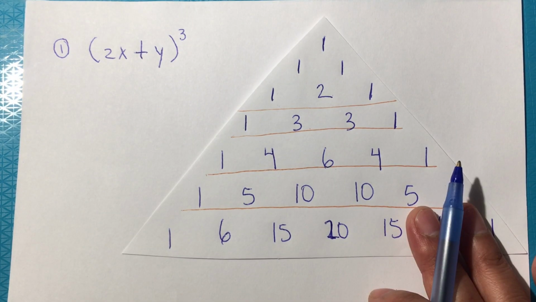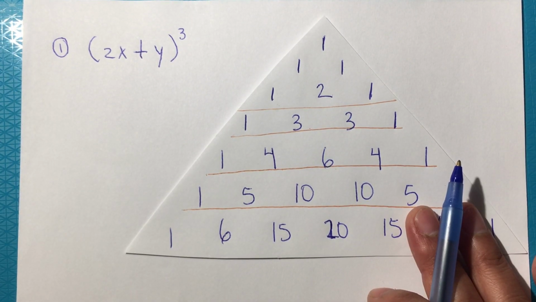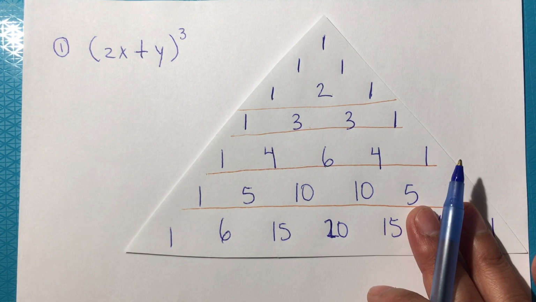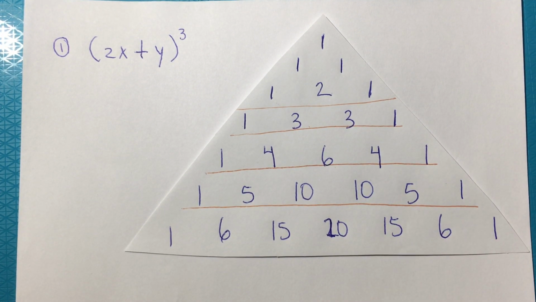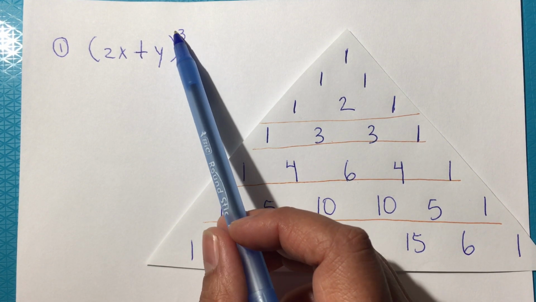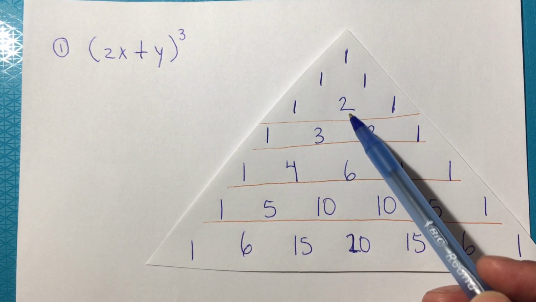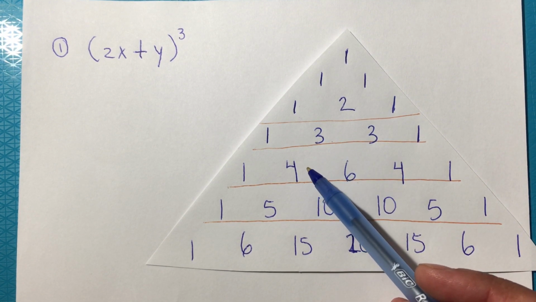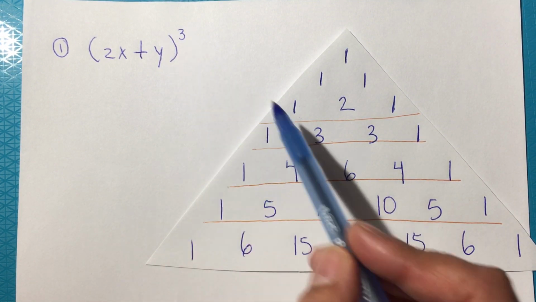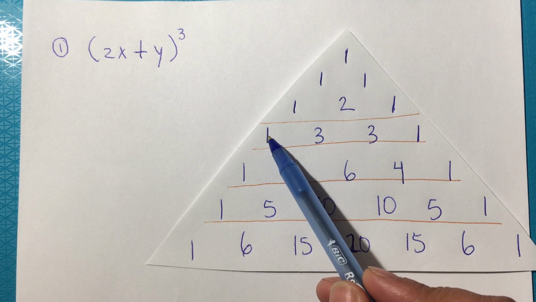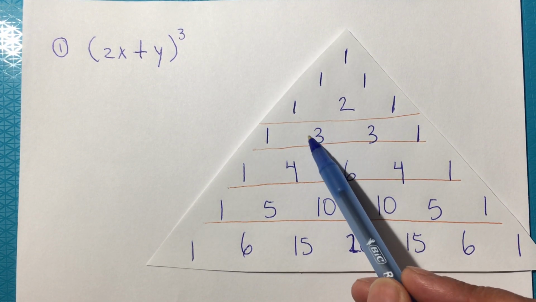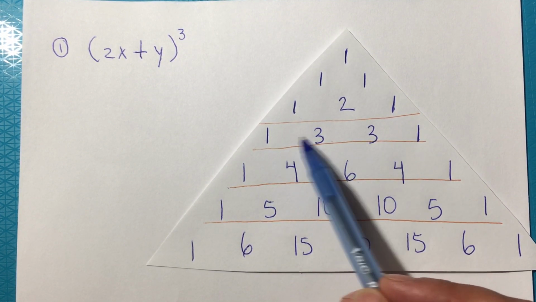Okay, and I'll try to go over it a little bit again with the steps, but if you don't get it, you might want to go back to 3.6 to review it. Whenever you see an exponent in here, it's going to tell you which row to use. And it's going to be that number for the second, not the one, but the next number. So it will be this row that we will be using.